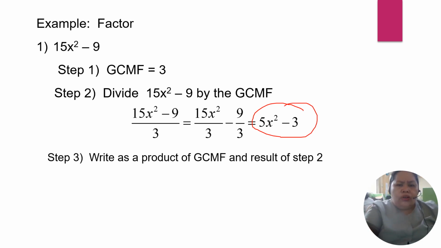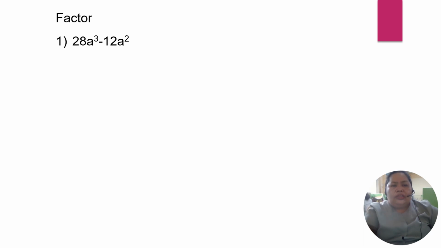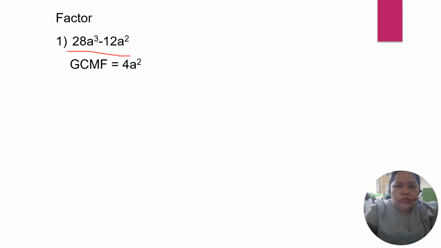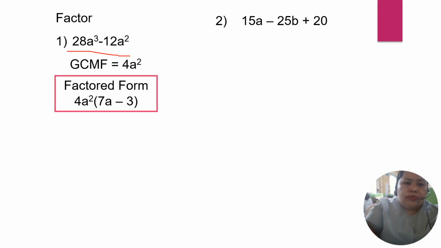As a product of the GCMF and the result of step 2, this is the final answer. Now let's try to factor this: 28a cubed minus 12a squared. Of course, the GCMF is 4a squared. So the factored form is 4a squared times 7a minus 3.